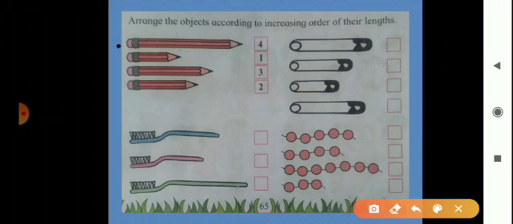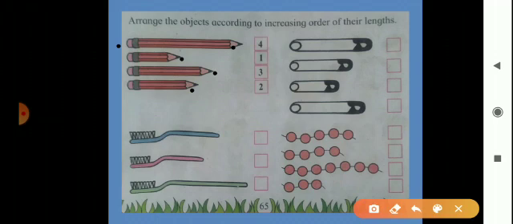Here are 4 pencils. So each pencil has different length. Look here. It's a very long. It's short. It's some length. Then it's different length. Means each pencil has a different length.